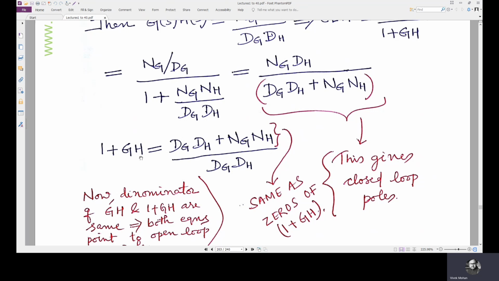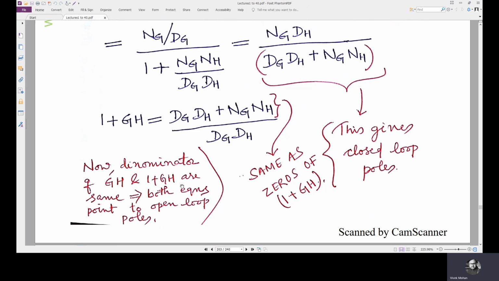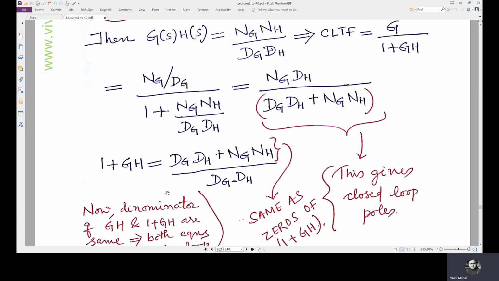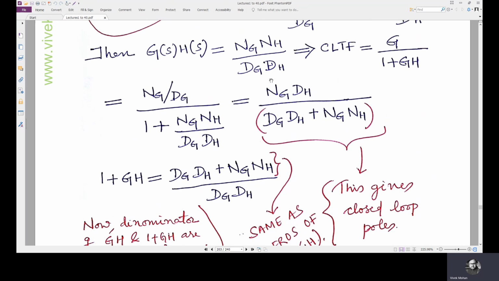That is a relation between 1 plus GH and the closed loop transfer function. Now the denominator of GH and 1 plus GH are the same, right? The denominator of 1 plus GH is DG DH, and the denominator of GH is DG DH. So basically the poles of GH are equal to the poles of 1 plus GH, right?